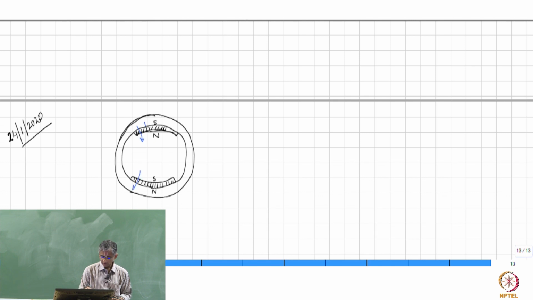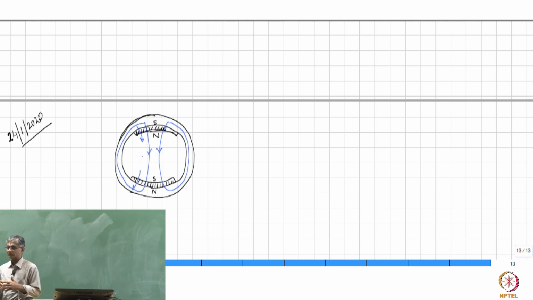There would be field lines that form a path here, and field lines that form a path here. In this particular case, there is no way you can adjust the strength of this magnetic field, because you have a fixed magnet. There is no adjustment that you can do to it. It will generate whatever magnetic field it generates.